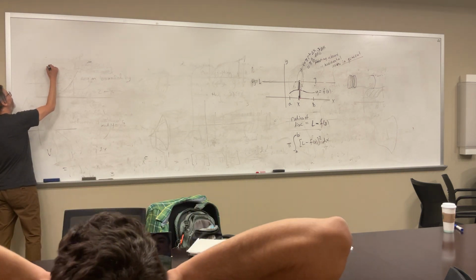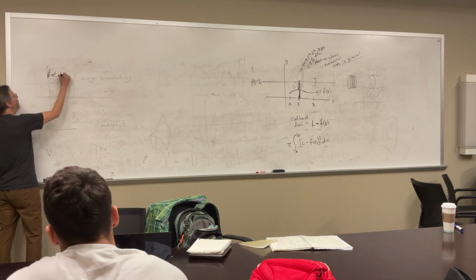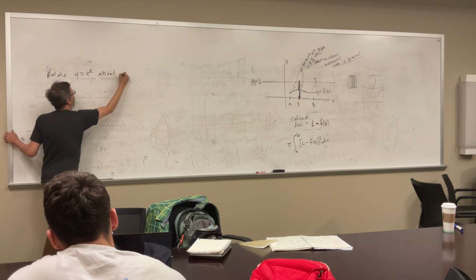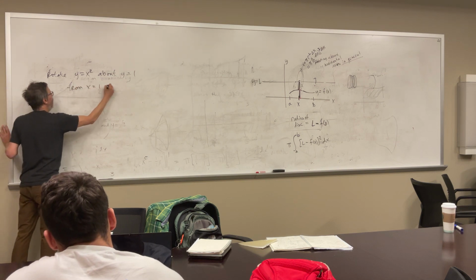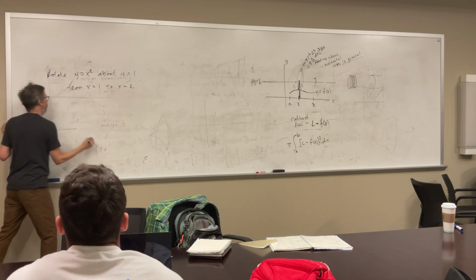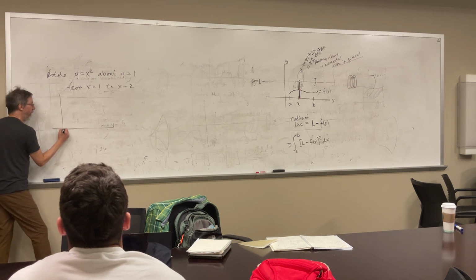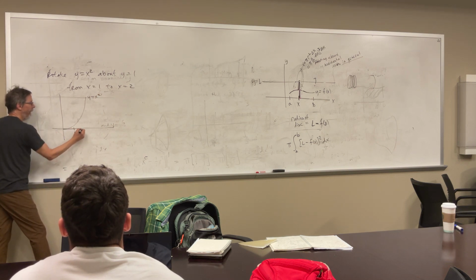Find the volume. We're going to rotate y equals x squared about y equals 1 from x equals 1 to x equals 2. Draw the picture. Y equals x squared, x equals 1, x equals 2.